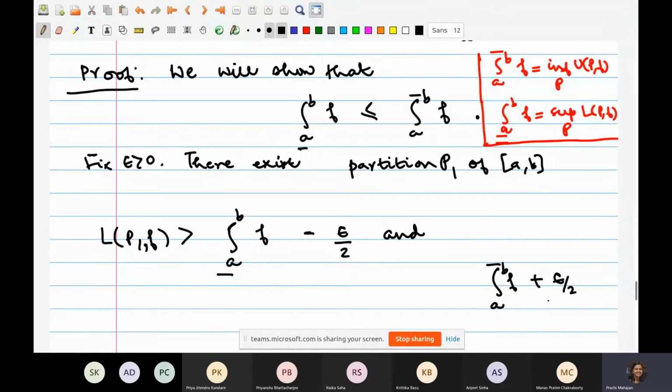Now this is bigger than the greatest lower bound, which means that this cannot be a lower bound, which means that there exists a partition P2 of the interval AB such that the upper sum corresponding to the partition P2 satisfies this inequality. Correct? Is that okay?